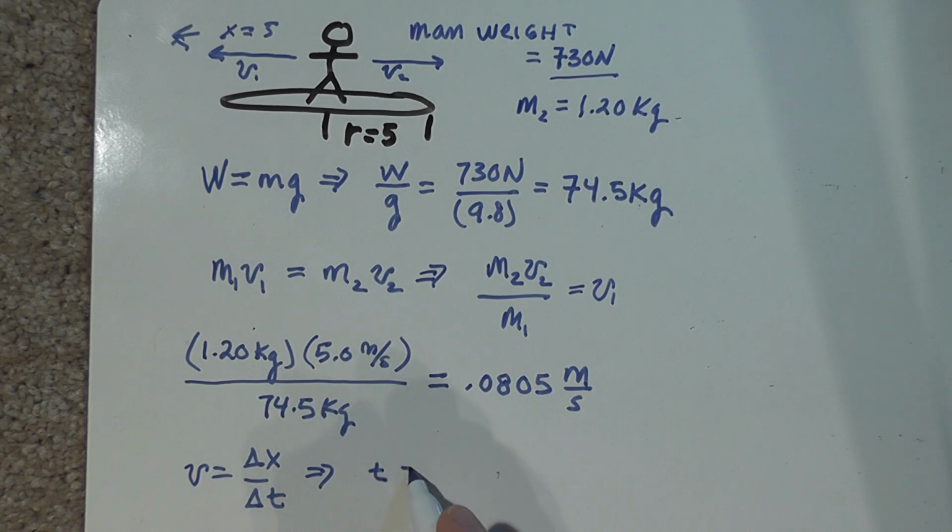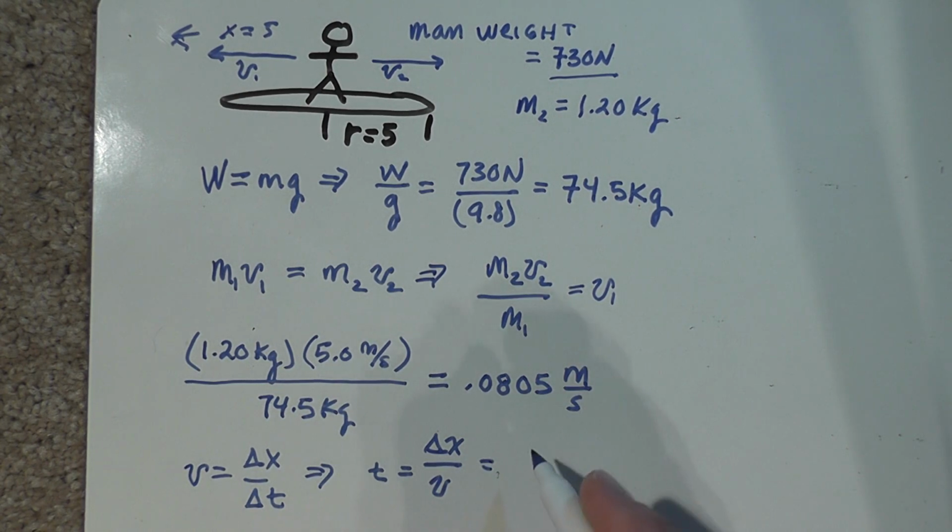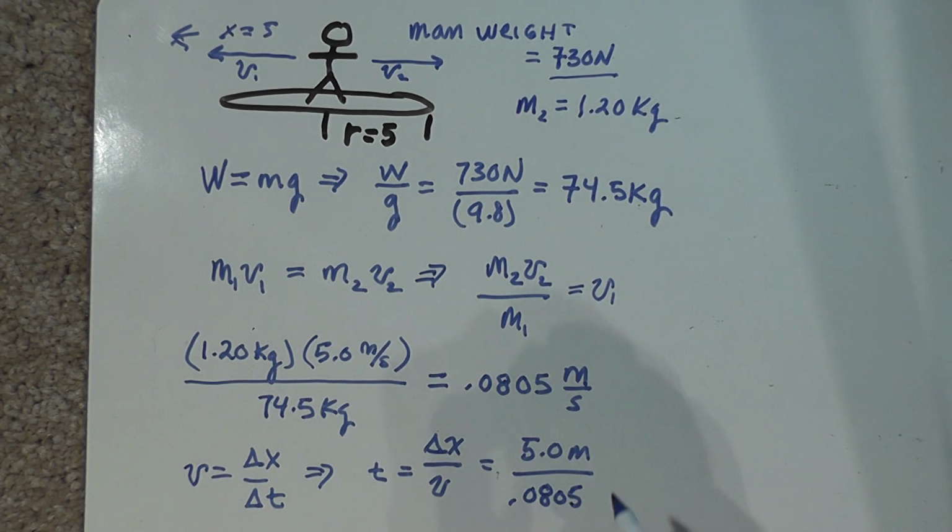So t will be equal to the displacement divided by the velocity, 5.0 meters divided by the velocity of 0.0805 meters per second.